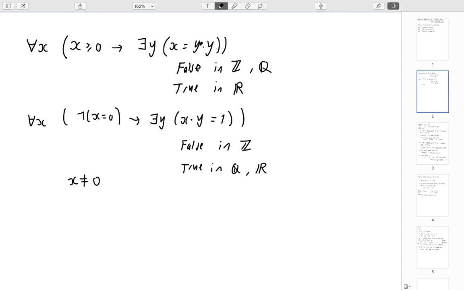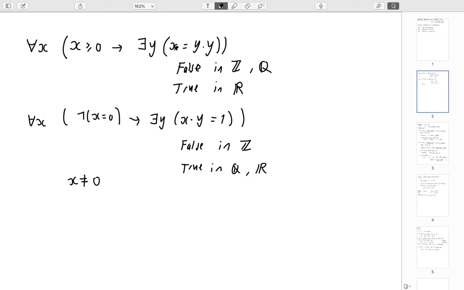It will either be true or false. Then Euclid showed us, or at least it's in his Elements, the old proof from the ancient Greeks that 2 is not the square of a rational number. So that tells us this is false in the rationals.